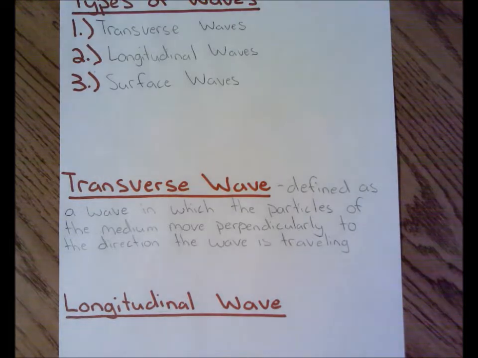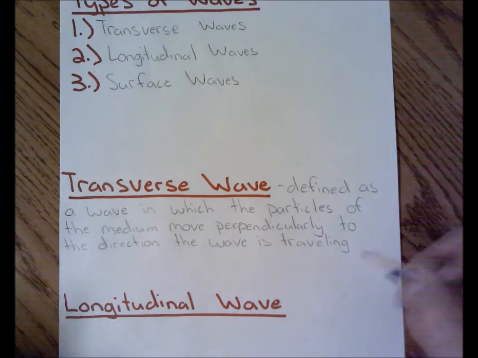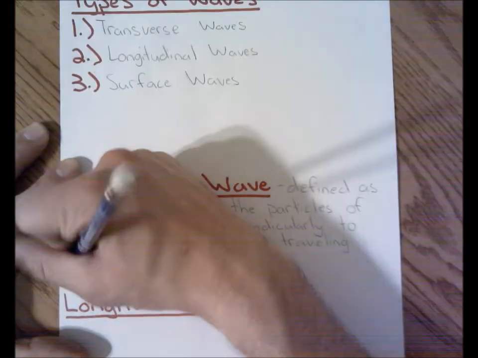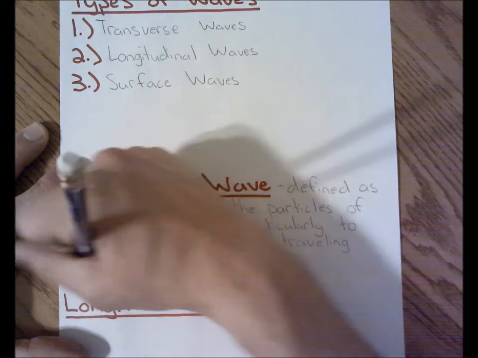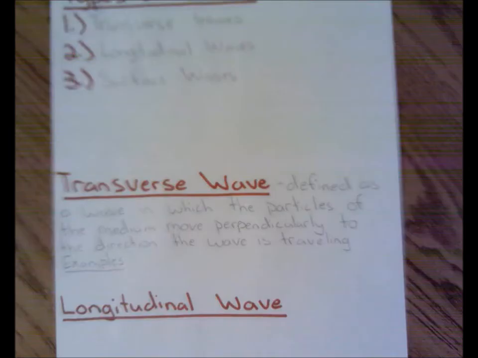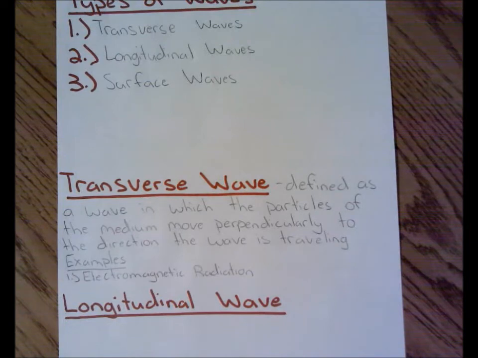A couple of examples of this include electromagnetic radiation. Another example is that rope tied to a doorknob, similar to the picture we went over on the previous page. You had that up and down movement of that particular rope.